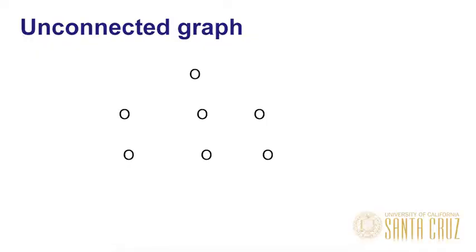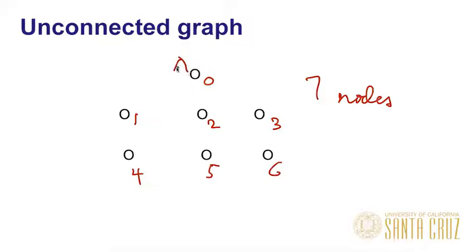So here's an unconnected graph, and that unconnected graph is a graph of 7 nodes. We might label these nodes 0, 1, 2, 3, 4, 5, 6. That would be traditional C labeling, namely we start from 0. We might label these nodes A, B, C, D. You'll see all these labelings in the graph literature.